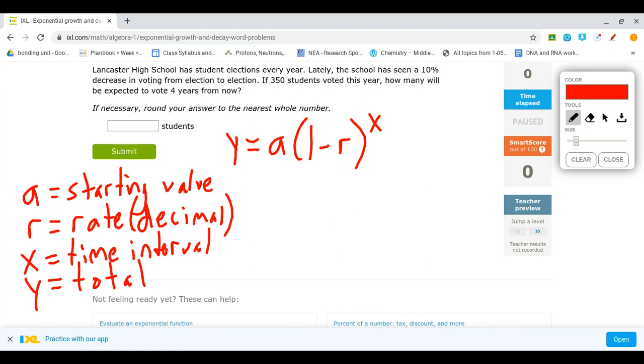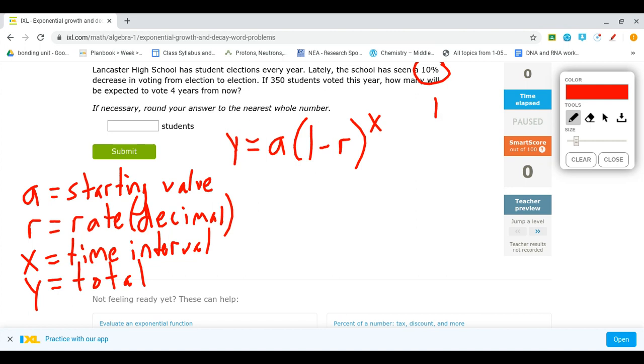Lancaster High School has student elections every year. Lately, the school has seen a 10% decrease in voting. 10% represents the rate. We need to change that rate from a percentage to a decimal. The way that you change a percentage to a decimal is that you divide by 100.